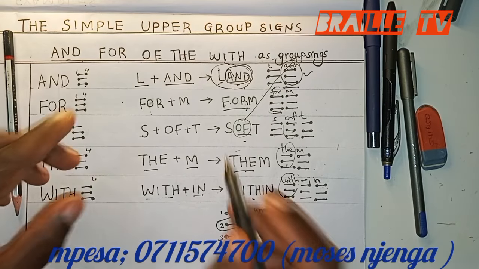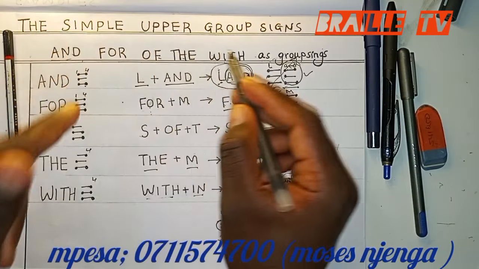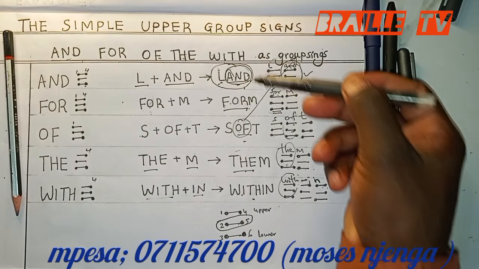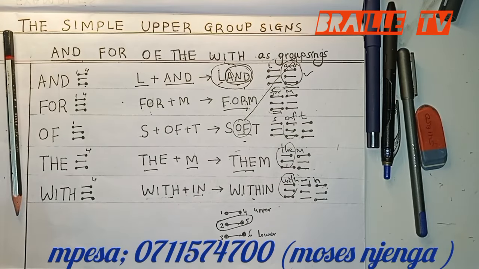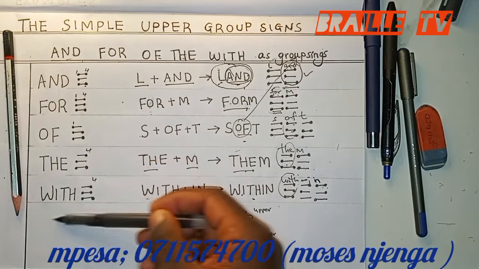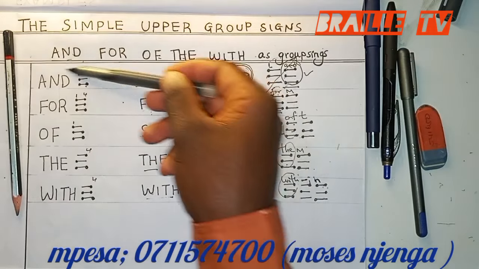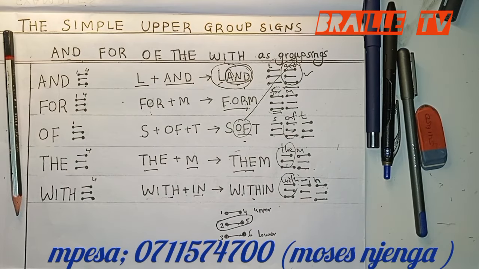Okay, so they are called simple upper, and they are called group signs because we have used them as group signs in this example. Now let me come up with some more examples, and then we write together and see what we are supposed to do exactly when we get words that contain these words inside them.